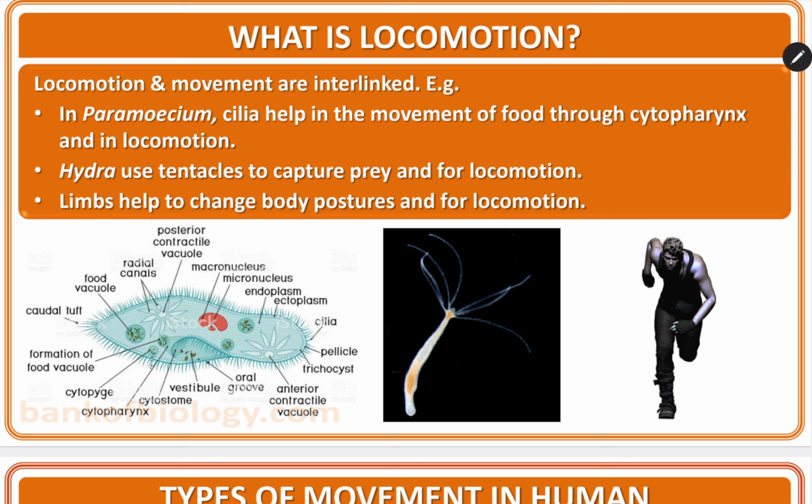Here you can see in the diagrams, it is a paramecium where cilia are there, and cilia help in the movement of food through the cytopharynx. Cytopharynx is labeled here, and it also helps in locomotion. Hydra uses its tentacles, these are the tentacles, to capture prey and for locomotion, and in the human body, forelimbs and hind limbs help to change body posture and for locomotion.